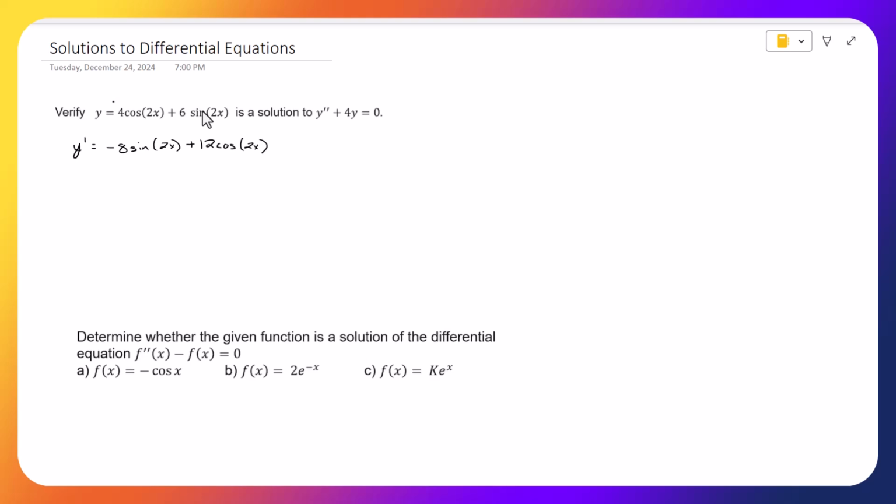And now our second derivative, because we want to verify if y double prime is the thing, so we're taking the derivative of this. You can pause the video and try and figure out what y double prime is. I'm actually just going to write it once I get there.